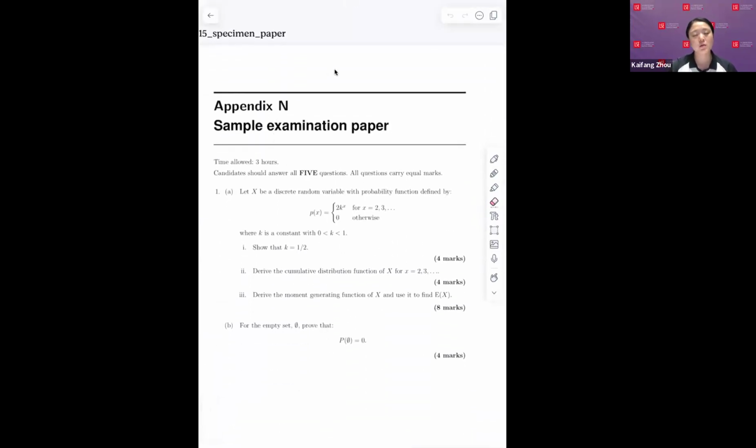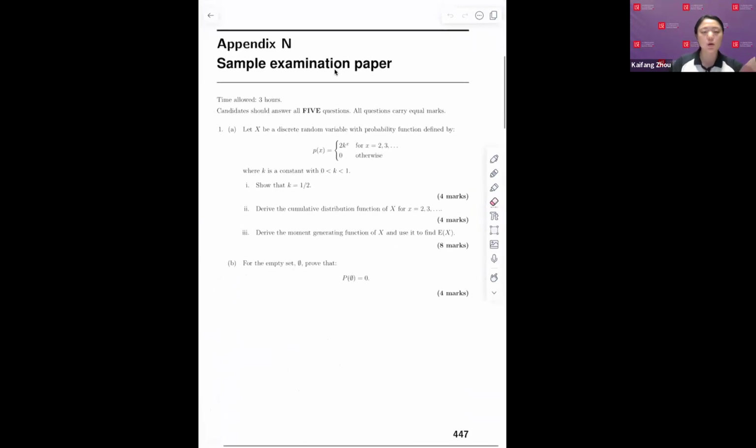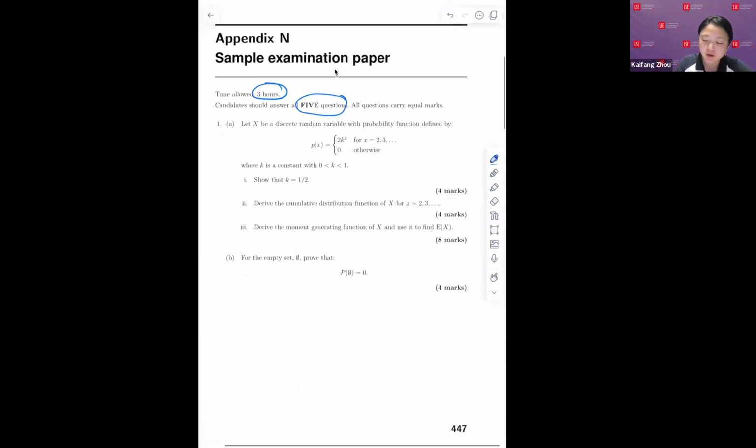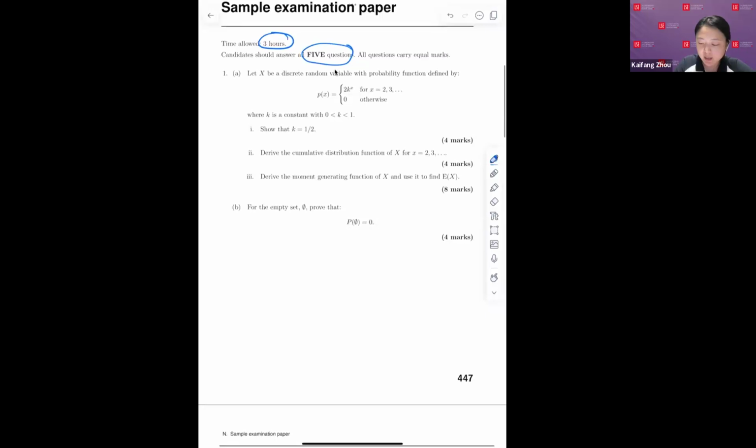You will find this paper at the end of your course as the sample examination paper. Your exam is going to be 3 hours, and you will have 5 questions to answer within 3 hours. You need to answer all the questions, and each question will be 20 marks.